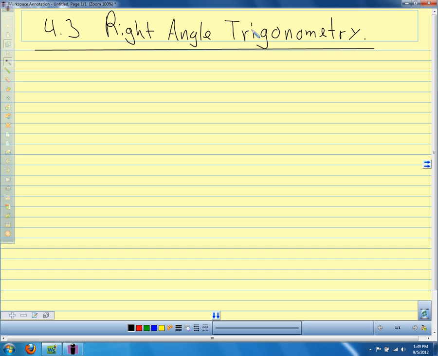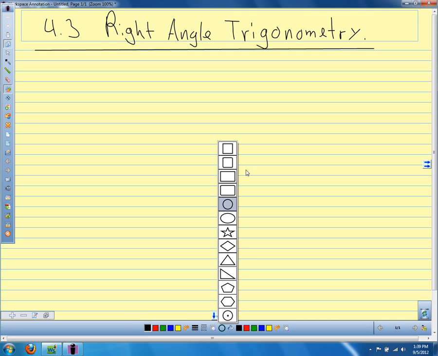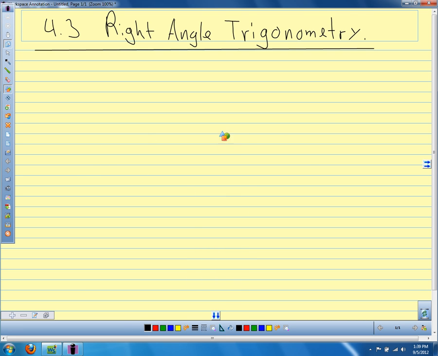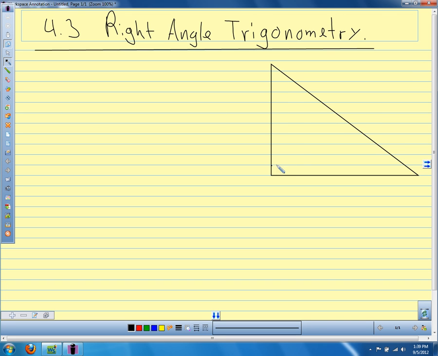So let me get a triangle up here, and we're going to be referring back to this picture a lot. Here's my right triangle. So for these right triangles, here's my right angle, and we'll call this angle theta.